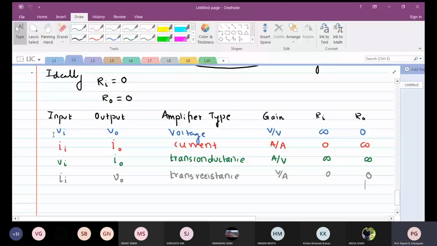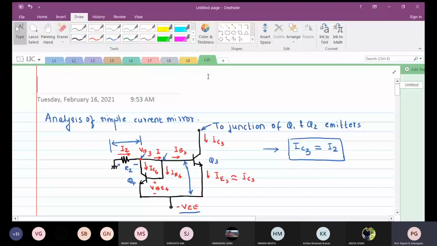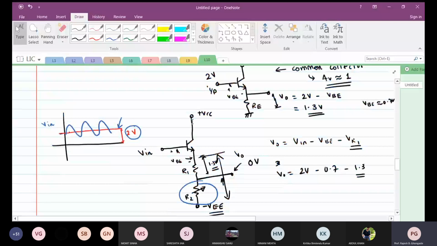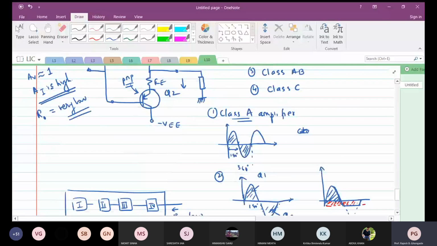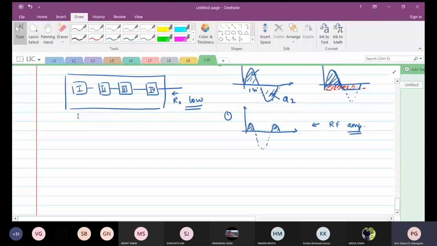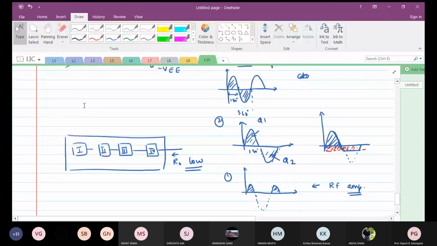We are talking about voltage amplifier. So what should be the output impedance? Ideally, 0. So in our case, the output impedance, which is because of the common collector, that is a push-pull amplifier stage, is also very low. So whether it is good or bad? It's absolutely good.